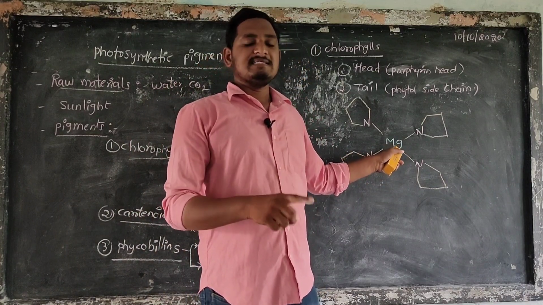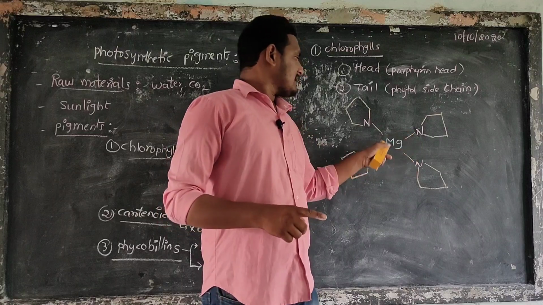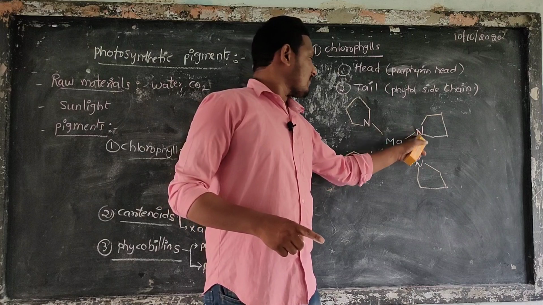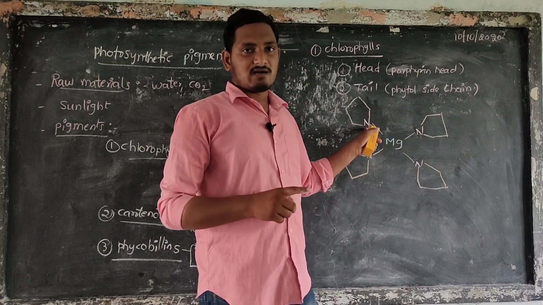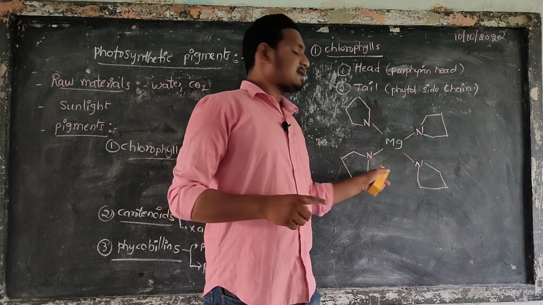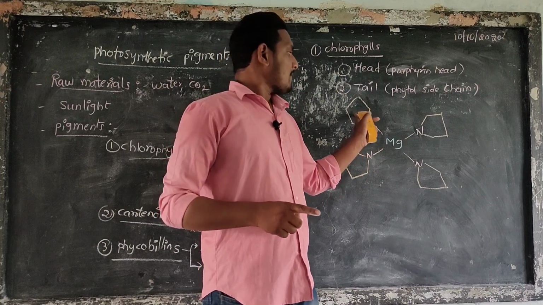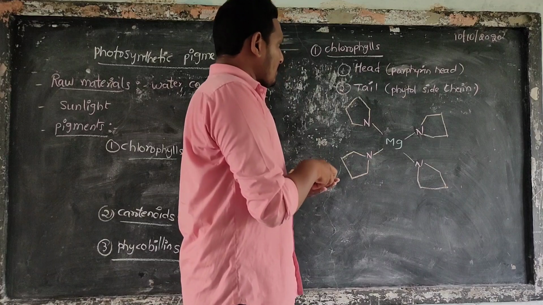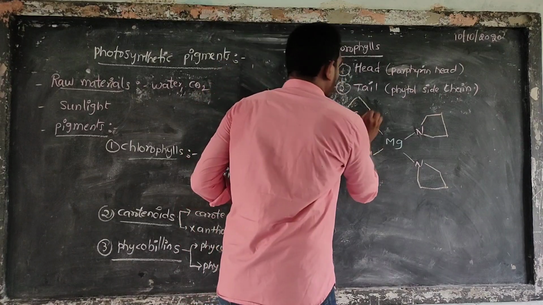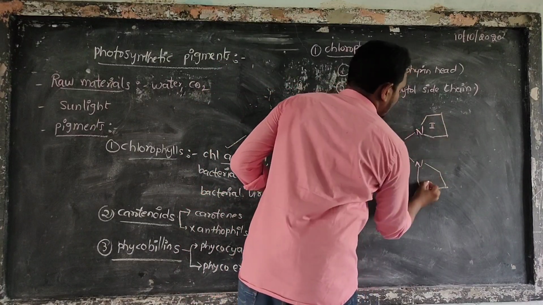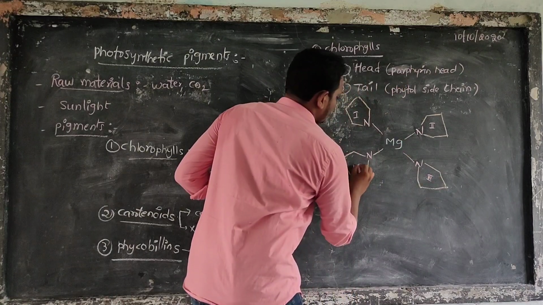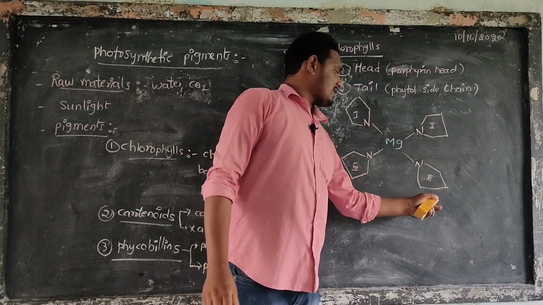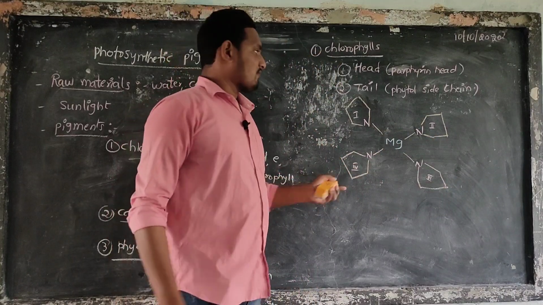Magnesium is attached to four rings, which are connected with four nitrogen atoms. These nitrogen atoms are again connected with pyrrole rings: pyrrole ring 1, pyrrole ring 2, pyrrole ring 3, pyrrole ring 4.